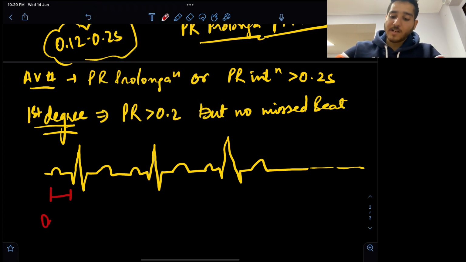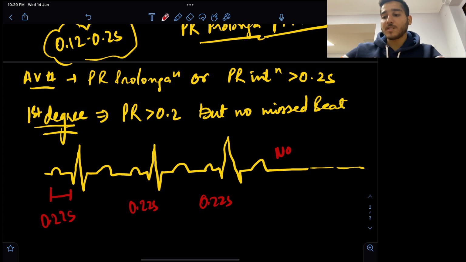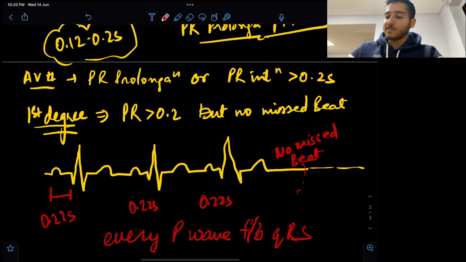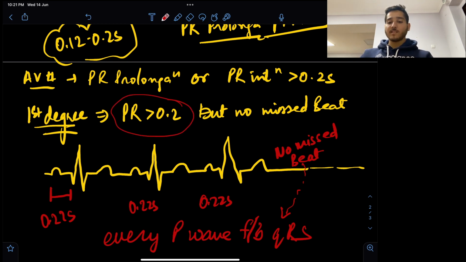Let's say this PR is 0.22 second, this PR is also 0.22 second, this PR is also 0.22 second, and there's no missed beat. Every P wave is followed by a QRS wave, right? This is the meaning of no missed beat. So in first degree AV block, there's only PR prolongation. That's it, nothing else.